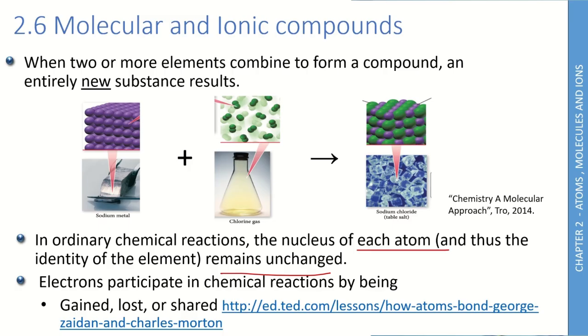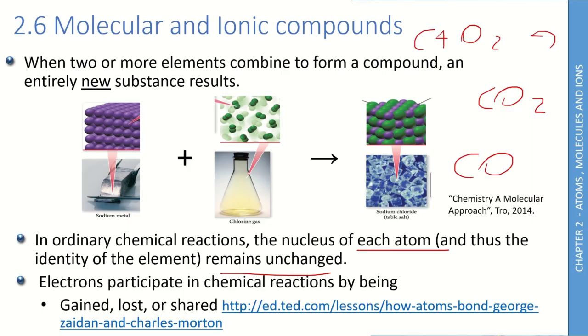What changes is the combination of the atoms. A carbon can connect with 1 oxygen forming CO, for example, or I could have CO2. It's the way they combine, the way they bond with other elements, okay?